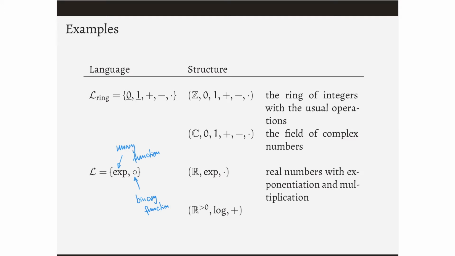But we could also do something very different and even counterintuitive. So if you look at this here, at the next example, well, we could take the positive real numbers. And since this here is a unary function symbol, any function that is defined on all positive real numbers and maps positive real numbers to positive real numbers would be a valid interpretation.